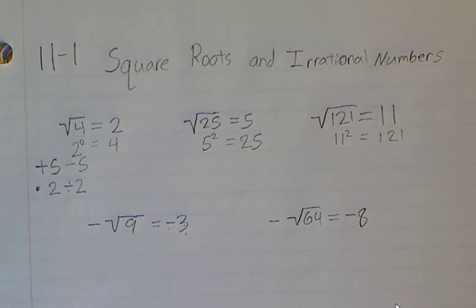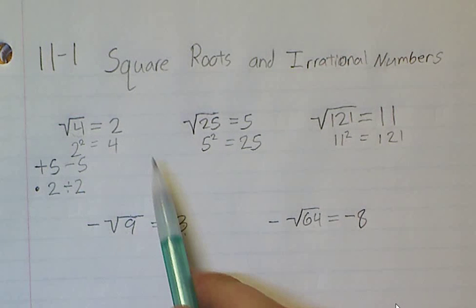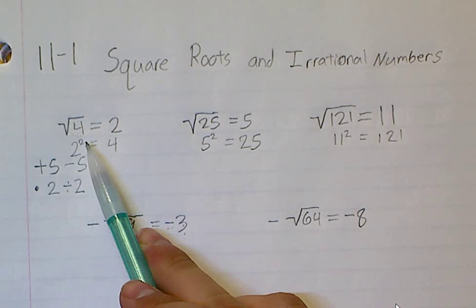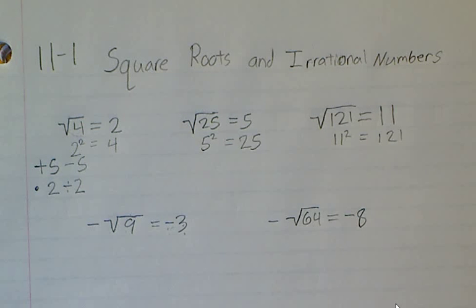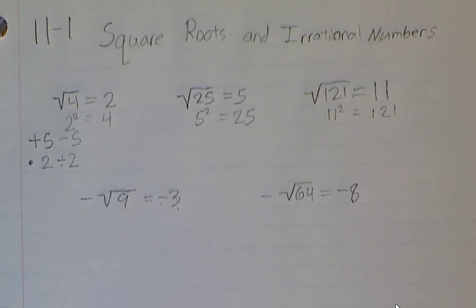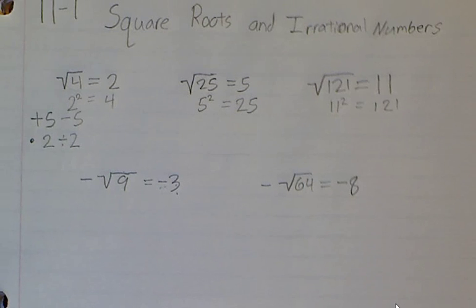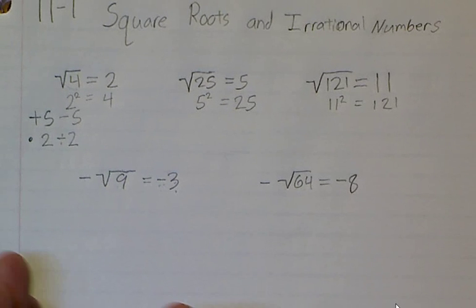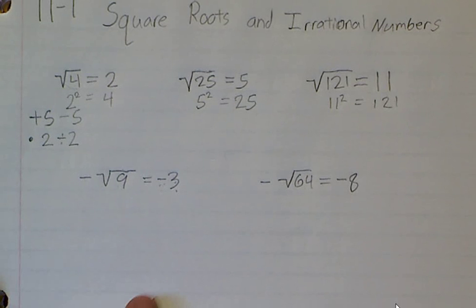So far, all we've been using are what are known as perfect squares. Perfect squares are real easy to find, and they're real easy to simplify. If you're wondering what a perfect square is, basically just take 1 and square it, and then take 2, square it, and so forth.